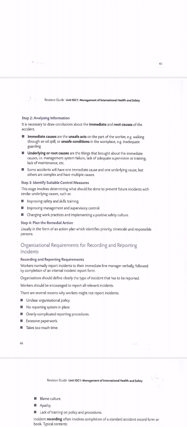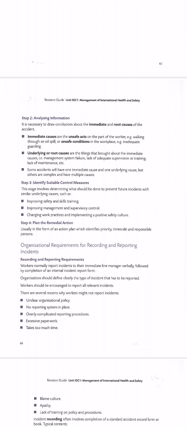Then step number 3, you have to identify suitable control measures. How can you identify suitable control measures? This stage involves determining what should be done to prevent future incidents with a similar underlying cause, such as improving safety and skill training. Right, that is a control measure.